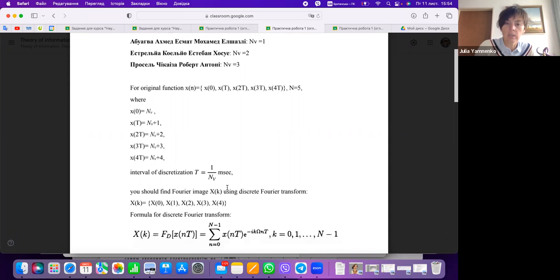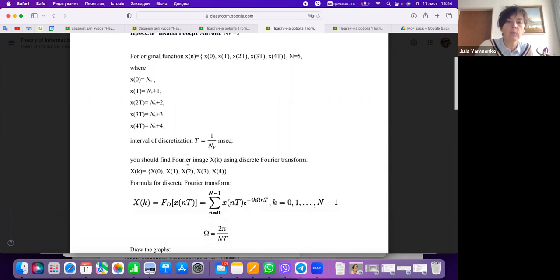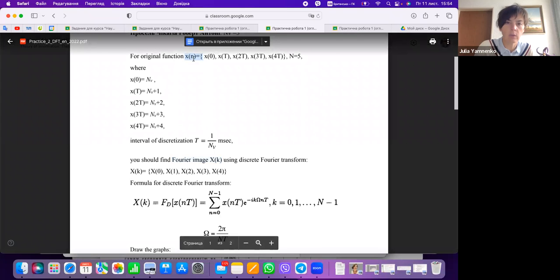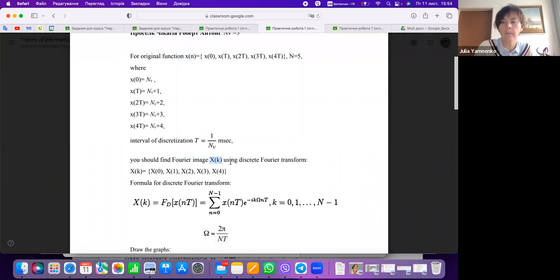And your task is to find the Fourier image that is marked as capital X[k]. So x[n] is the original function, and capital X[k] is the discrete Fourier spectrum of this function. To find this spectrum, you should use the formula of the direct discrete Fourier transform, or we also use the acronym DFT, discrete Fourier transform.